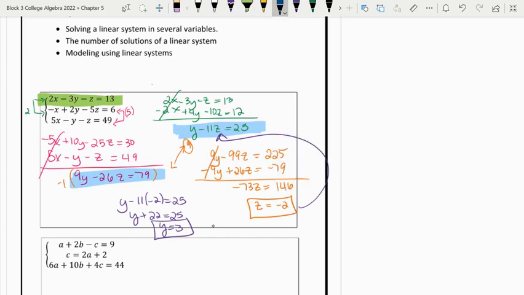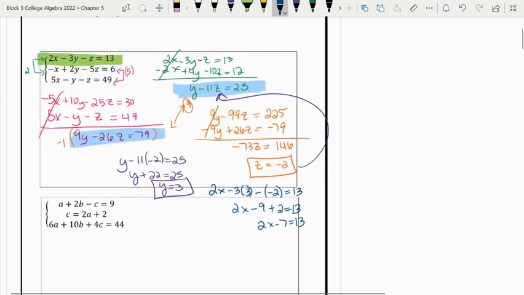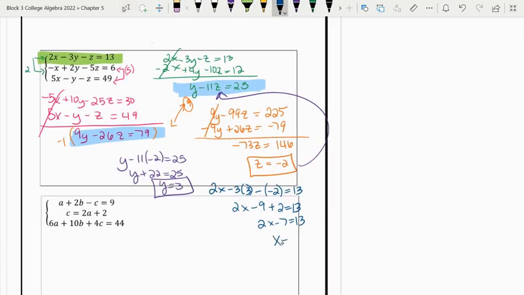So I have 2x minus 3y, so minus 3 times 3, minus z, so minus negative 2 equals 13. So 2x minus 9 plus 2 equals 13. 2x minus 7 equals 13. Add 7, divide by 2, so it looks like x equals 10.